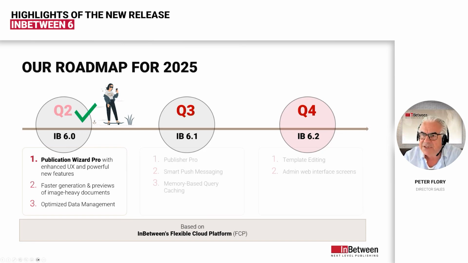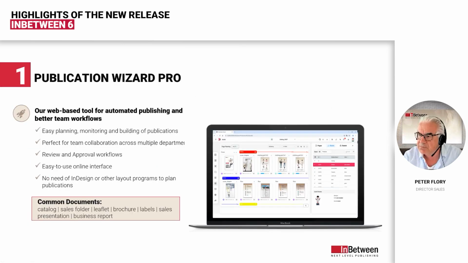But let's dive into Publication Wizard Pro. It's still a web-based tool for automated publishing and better team workflows, but we've redesigned and reviewed the user interface, so it's much easier to plan, monitor, and build publications.